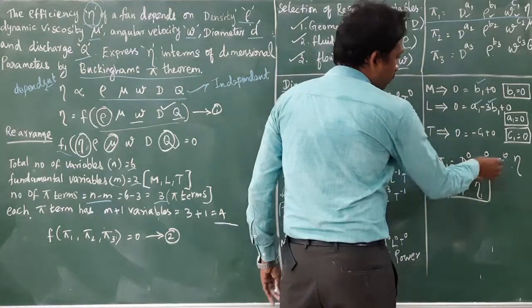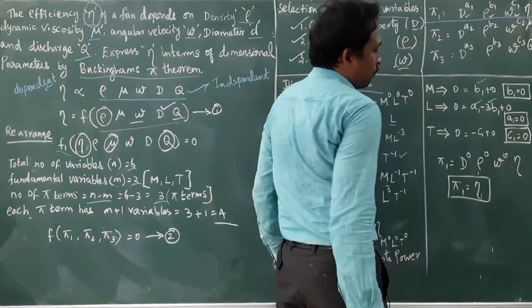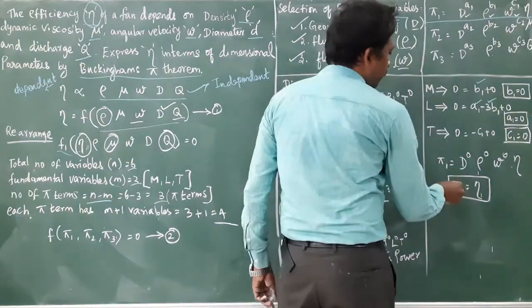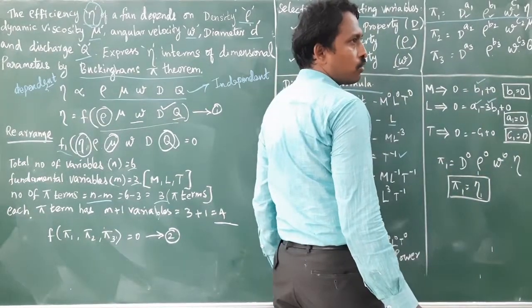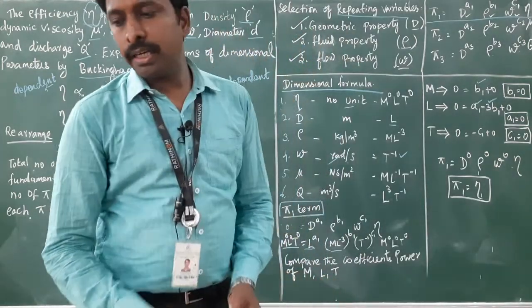Here all the terms are 0. Only the efficiency term is here. So, the pi 1 term is denoted by eta. So, pi 1 equal to eta.